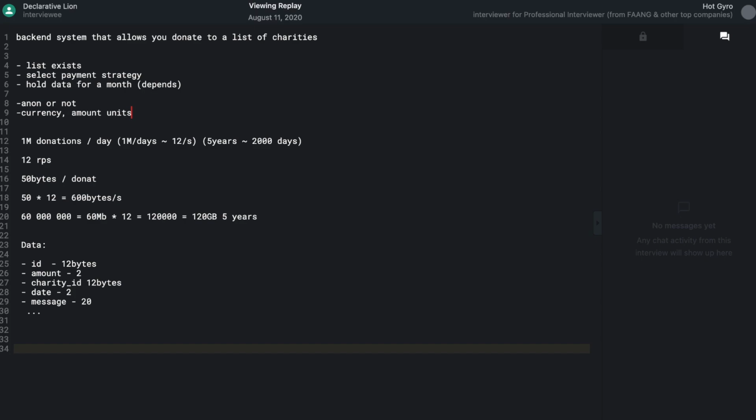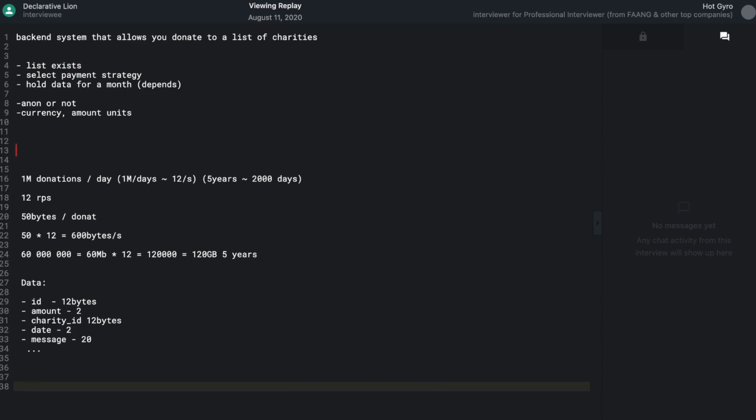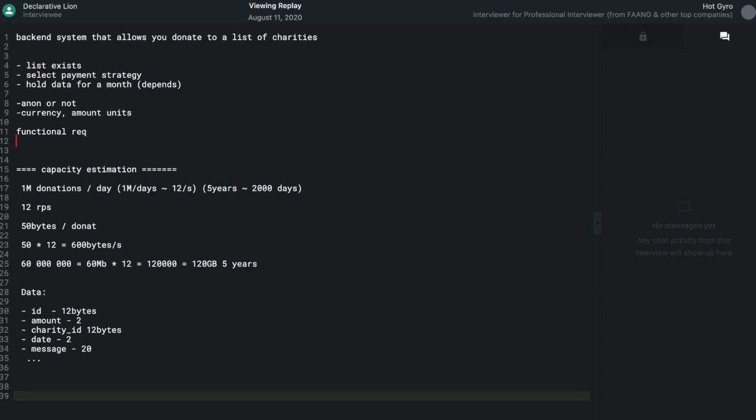And then I think after the questions, right away you went to the data, or what I call the capacity estimation, like how much storage do you need? What is the reads per second? These are good estimations that you did. But before you went there, I suggest that you could list out the functional and non-functional requirements first.